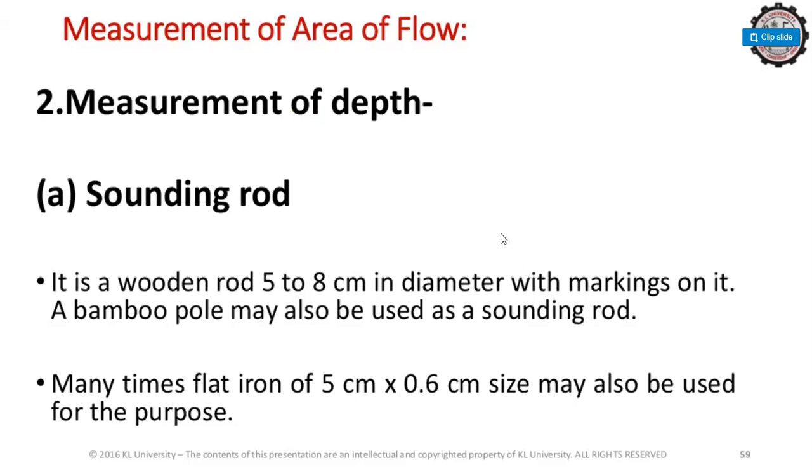Measurement of depth, sounding rod. It is a wooden rod 5 to 8 centimeters in diameter with markings on it. A bamboo pole may also be used as a sounding rod. Many times a flat iron of 5 centimeters by 0.6 centimeter size may also be used for the purpose.